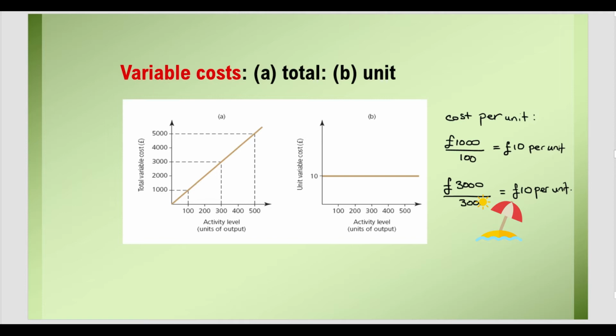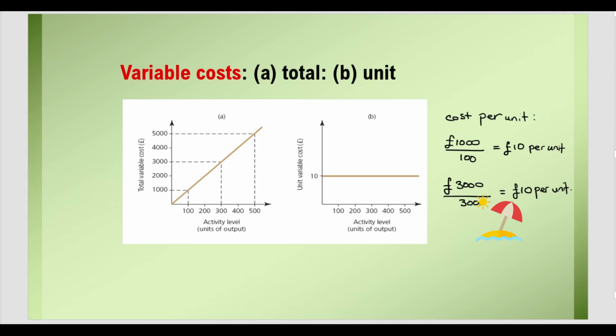However, if we are to project the variable cost per unit, it will look like this, constant. The reason why it looks like this is that, for example, we take £1,000, we divide by 100 units, we get £10 per unit.